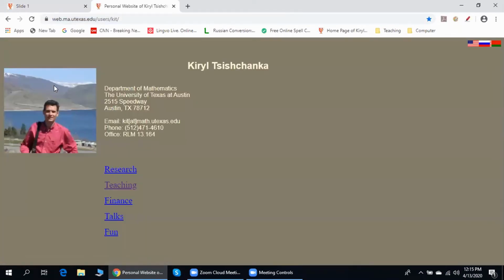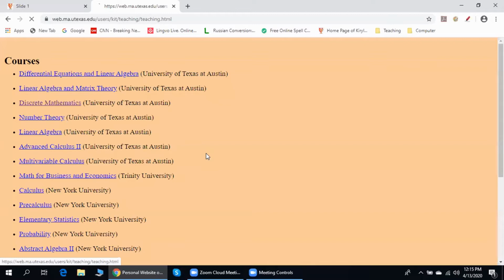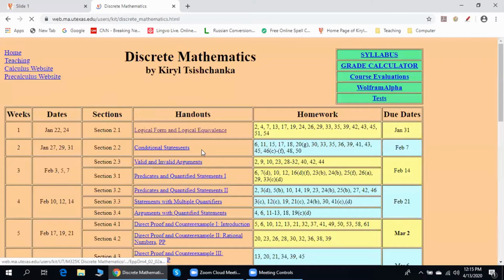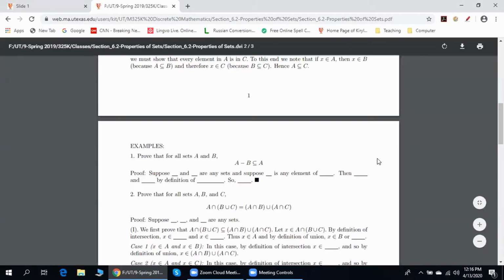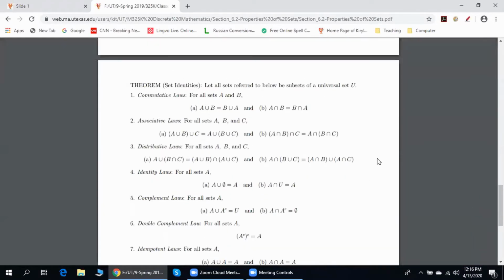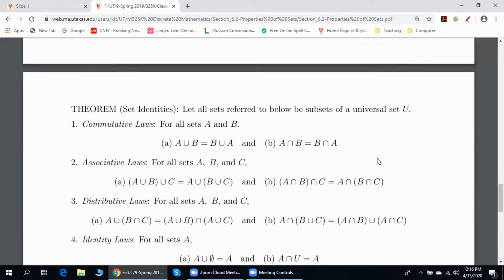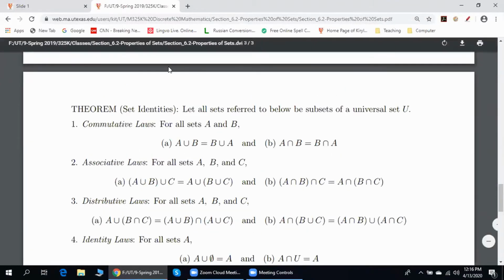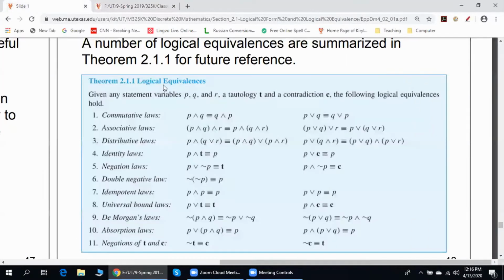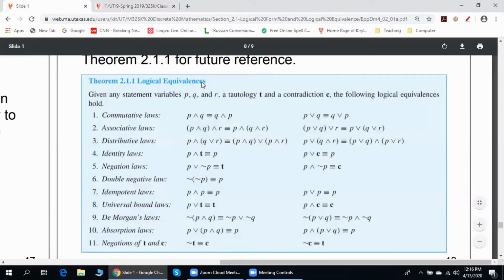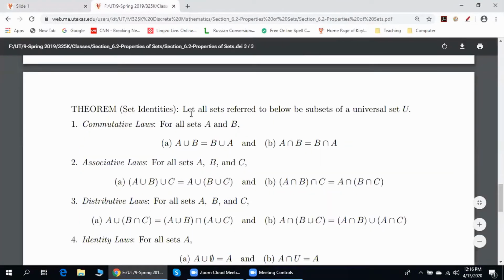And then let us go back to set identities. Section 6.2, this one. So please take a look. We have some similarities between logical equivalences and set identities.